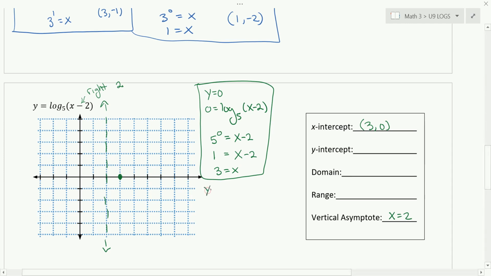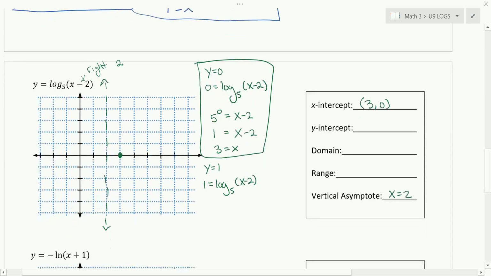I'm going to set y equal to 1 and go through the same kind of work here. I get x is 8 when y is 1.